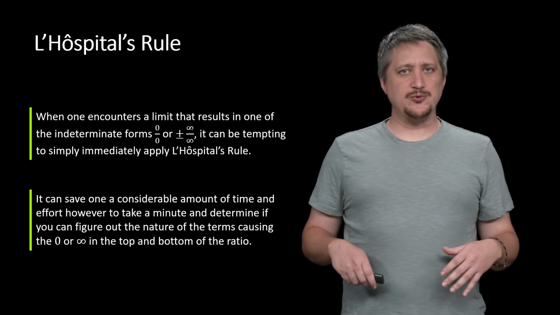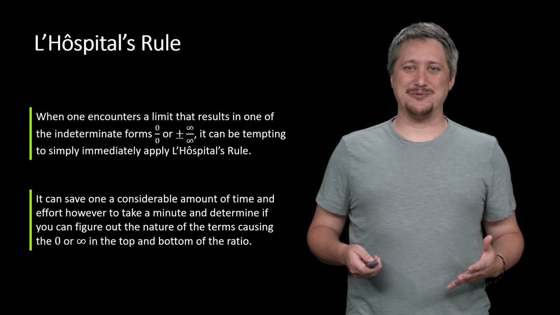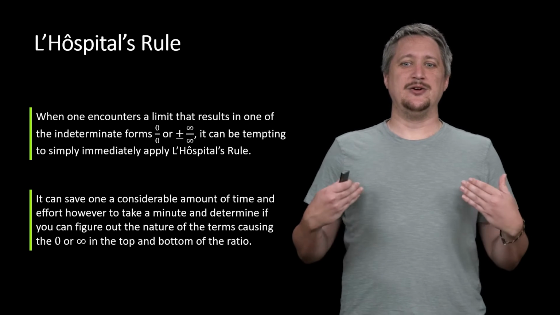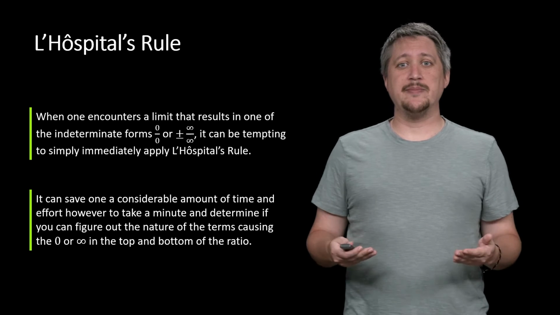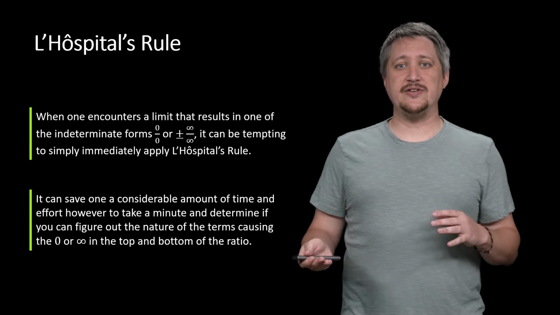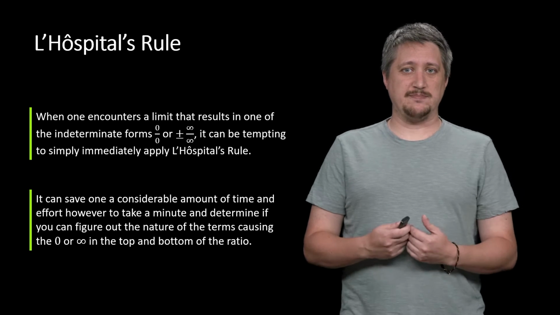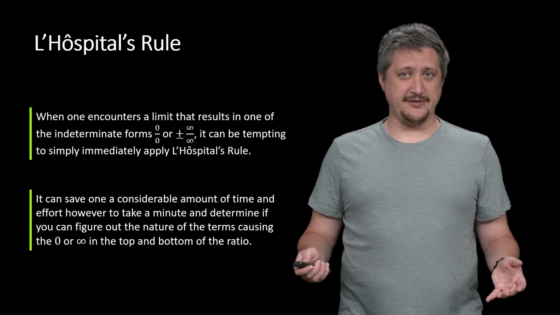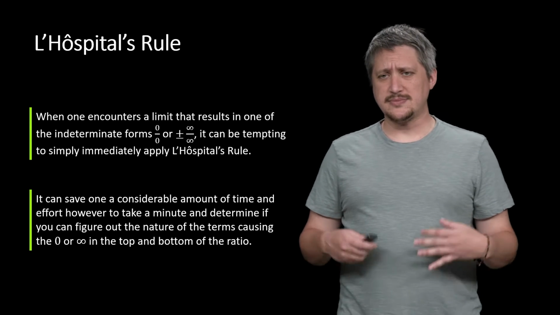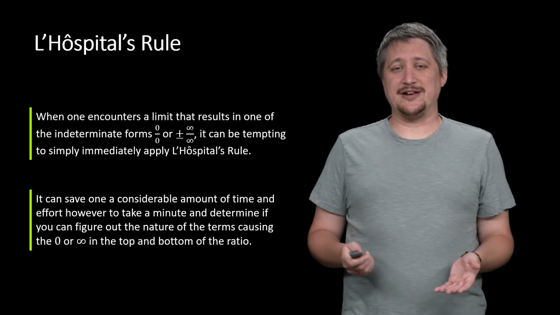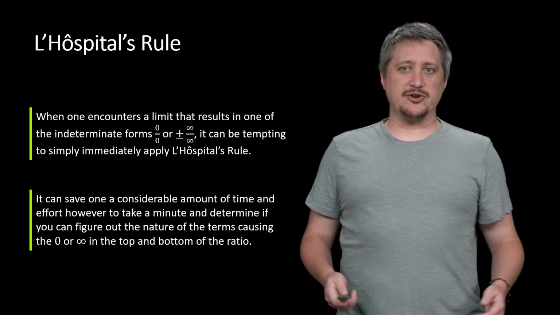But it can save you considerable time, effort, and frustration if you take a second and look at why the limit is in that form, and see if there might be some obvious simplification or algebraic step that bypasses the problem in the first place, so you don't have to go through L'Hopital's rule. Now you might be asking, yeah, but I could still do it and still get an answer, so why bother? Let's look at some examples.